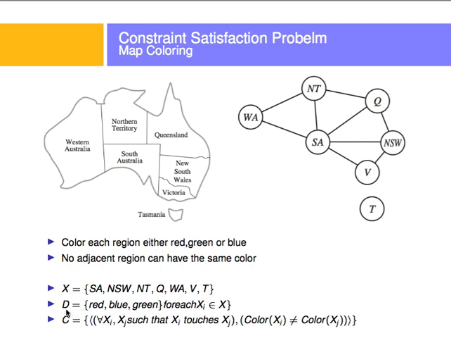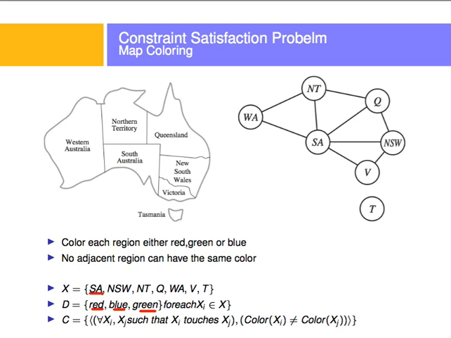Okay, so then there's also the domains. So for each of these, for example, for Southern Australia, the choices are red, blue, or green. These are the values that each one of these can take. Now, in this problem, each variable can actually take the same colors initially, right? So that's the domain of the variables. Okay.